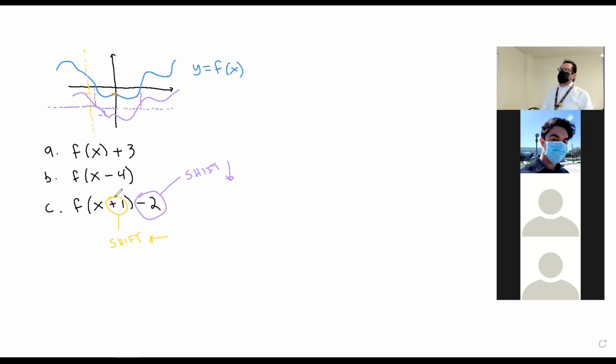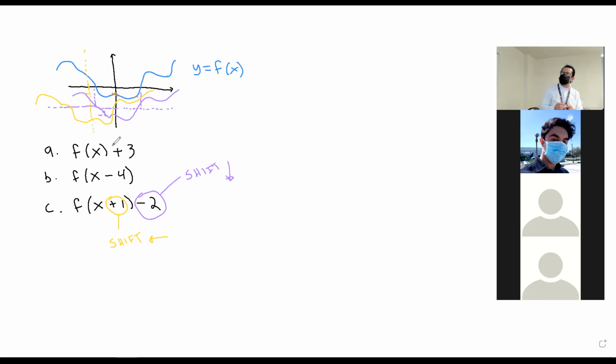And that means that now the graph is going to be shifted towards this side, and it's been moved to this side here. Even if we don't know the mathematical model of the function, we need to identify the shifts. Again, if the number is outside the function, the shift goes up or down. If the number is inside the function, the shift goes left or right.